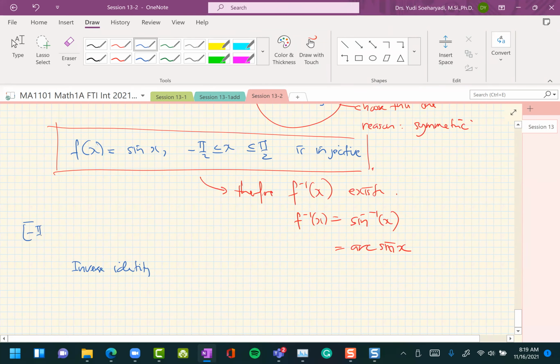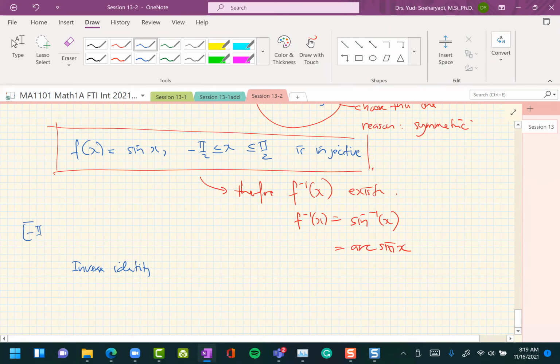So an inverse identity means that if you start with x and apply sine, and then apply sine inverse, you get x back, as long as x is between negative pi over 2 and pi over 2.